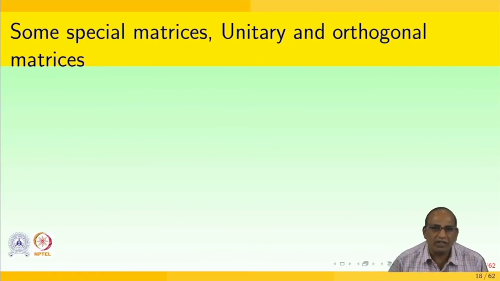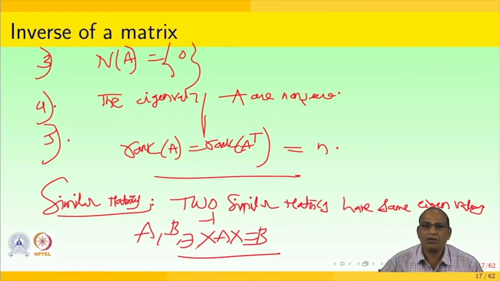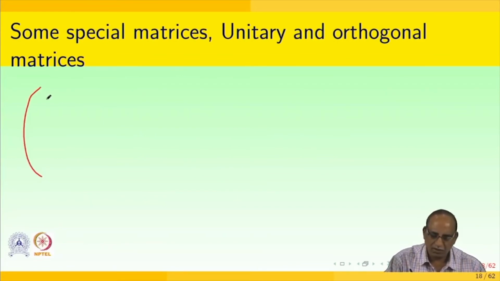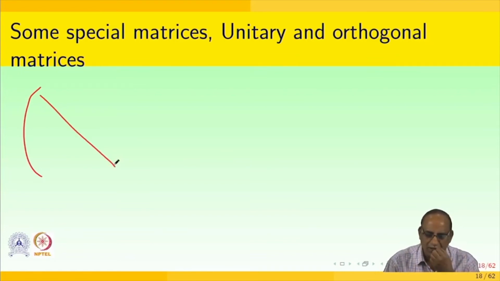So let us look into some special matrices, unitary and orthogonal transformations. You have seen some block diagonal matrices in the last lecture, and also some very specialized matrices. Look over here, you will have a matrix like this, where all are zeros and these are all non-zeros.